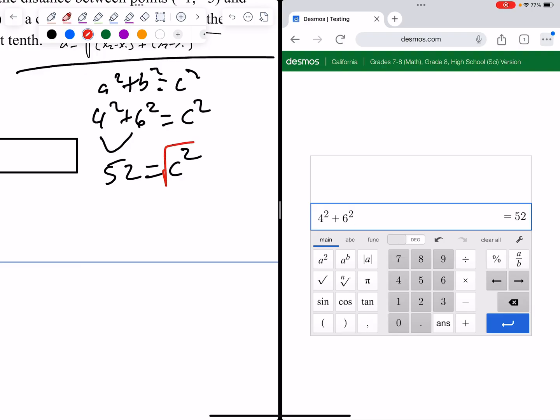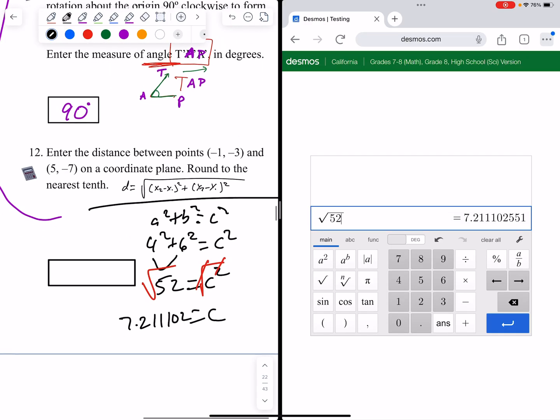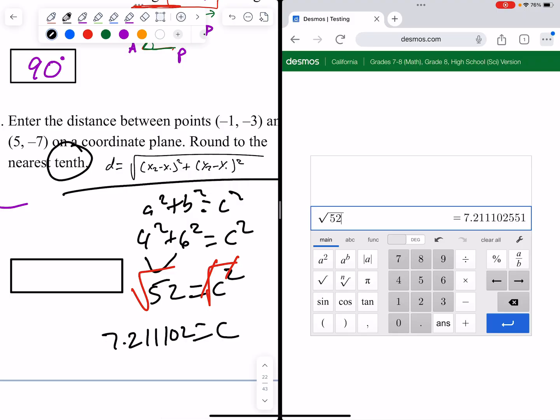Then I take the square root so I get c by itself. And the square root of 52 is roughly 7.211102, blah, blah, blah. What do I round to the nearest tenth? So that's one decimal place. Because my next number is less than 5, I leave it at 7.2.